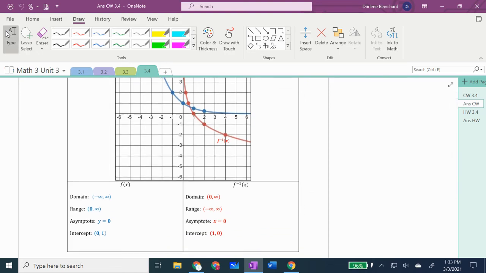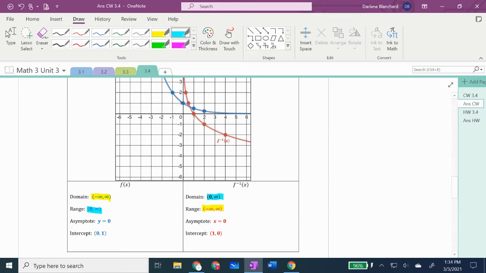And the domain of your exponential functions are all real numbers. That means the range of your logarithms are all real numbers. The range of your exponential functions are positive numbers only, so the domain of your logarithm function is positive real numbers only.